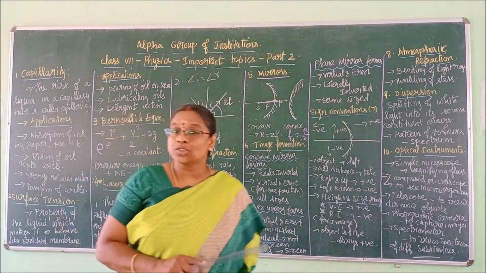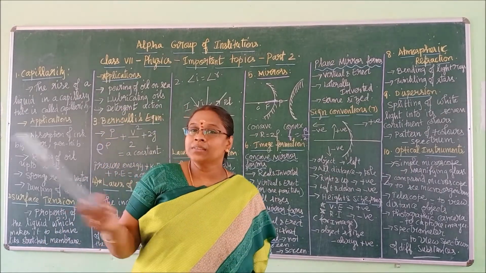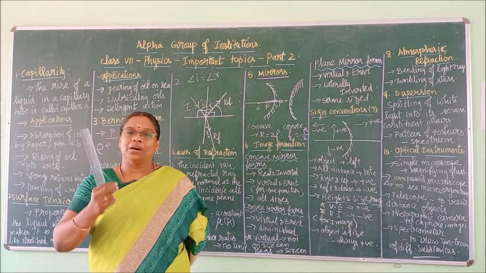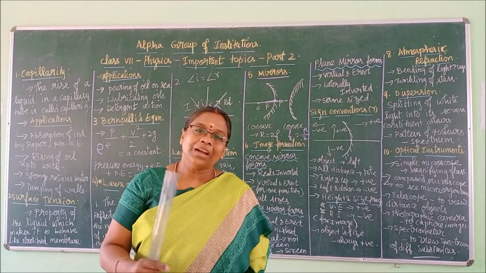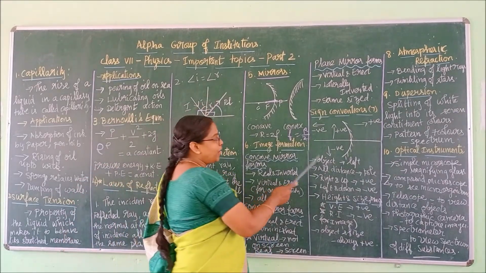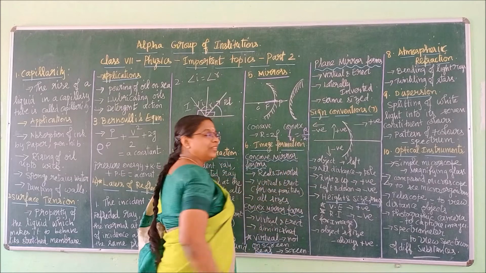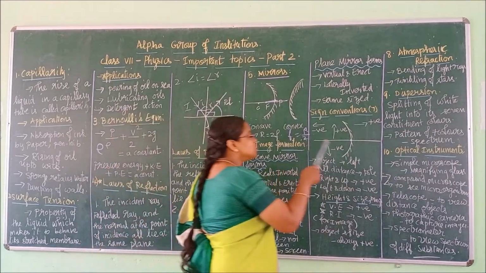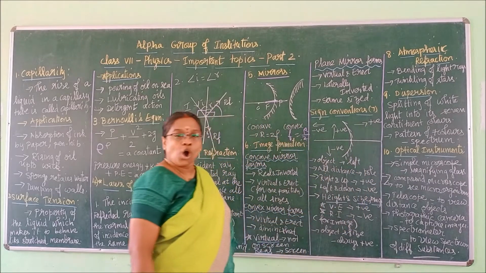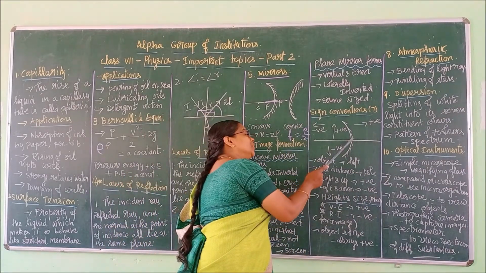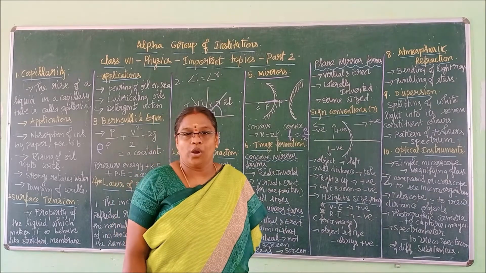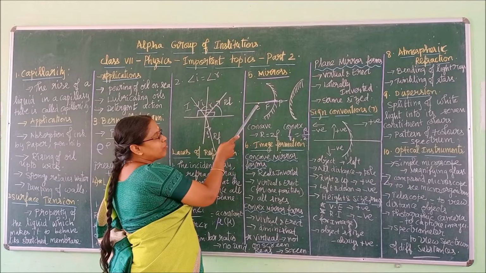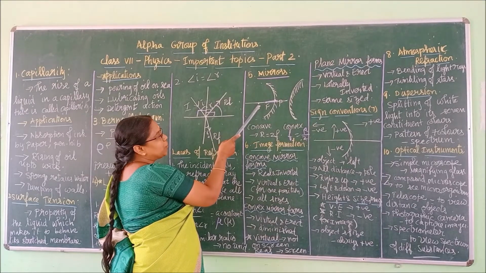I have given notes on this, right? Rather than the contents in your book, I have made the points very simply, point by point, so that you can have it. So what is the first point? Always the object must be kept at the left of the mirror. Next, whatever measurements we take on the mirror, all measurements should be referenced with respect to the pole. See, here I told you, children, this point is the pole.